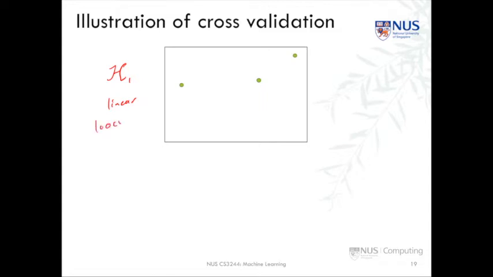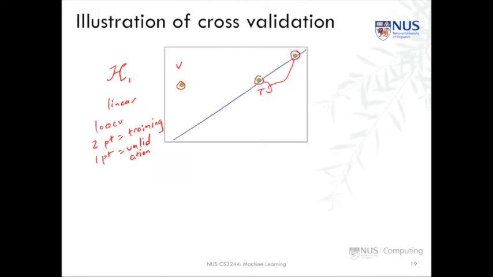When we do leave one out cross-validation, that means we're going to pick 2 points for training and 1 point for validation. Let's see how this works. We're going to rotate each time deciding which point to validate on. Let's call this the first point that we're going to pick for our validation. So this will be our validation set. These two will be our training set.